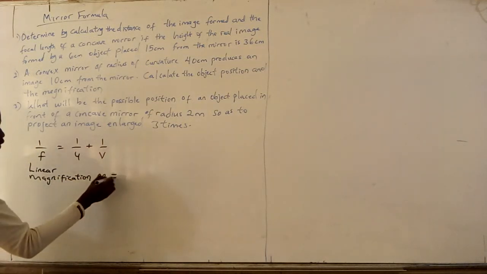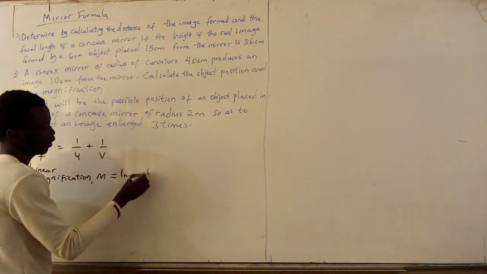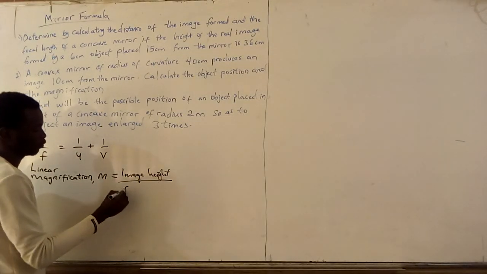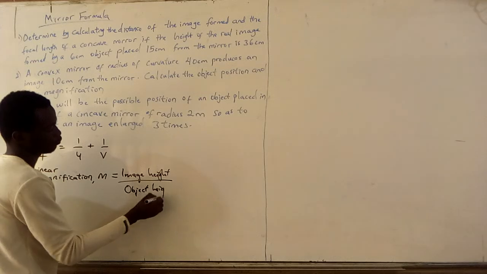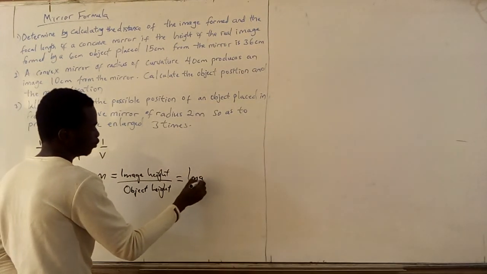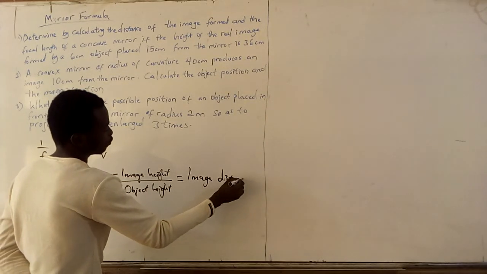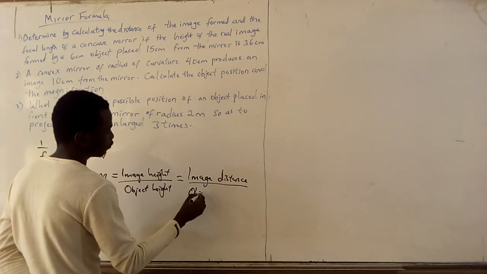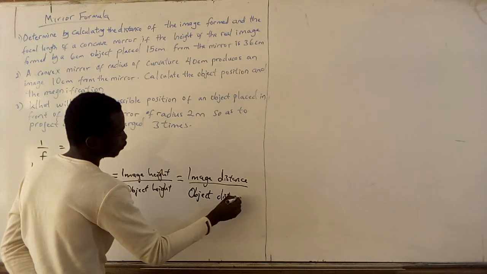M is given as the image height over the object height, which is the same thing as the image distance over the object distance.